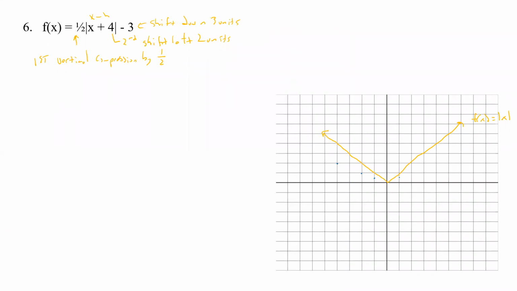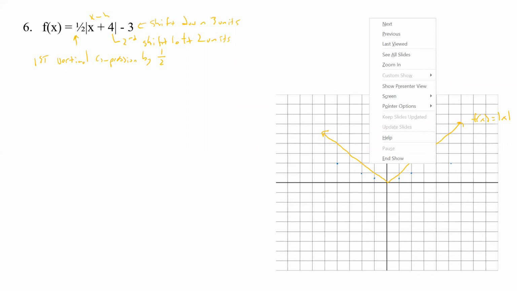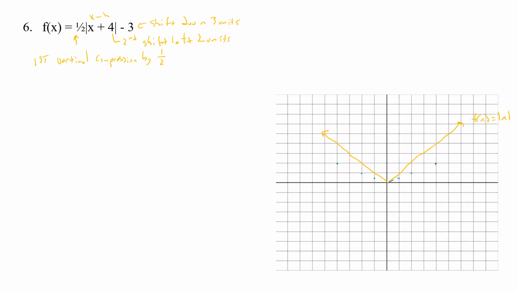So the 1 goes down to a 1/2, 2 goes down to 1, 4 goes down to 2, and now we can draw our compression. And it compresses it, remember, down towards the x-axis. And so that's going to be our f of x equals 1/2 times absolute value of x. That's what we've done here so far, just that first piece.